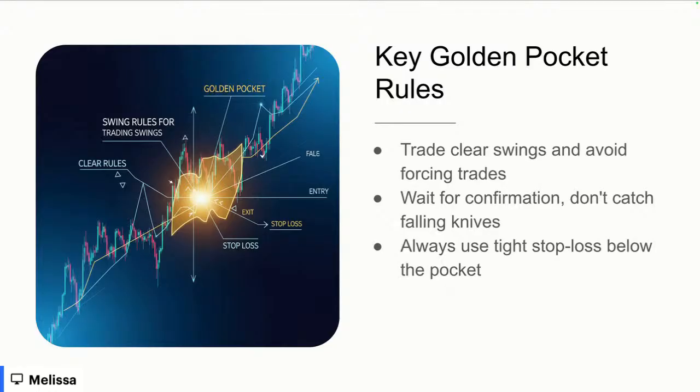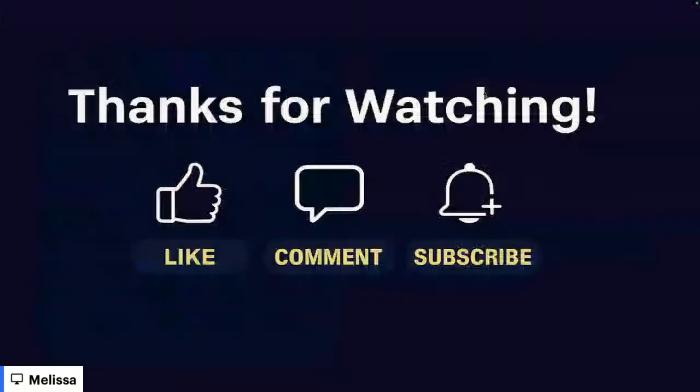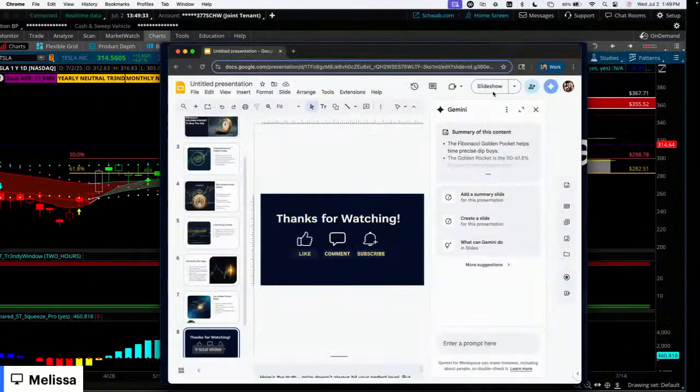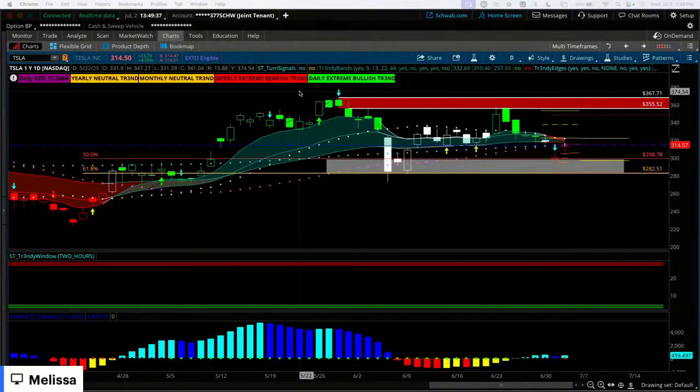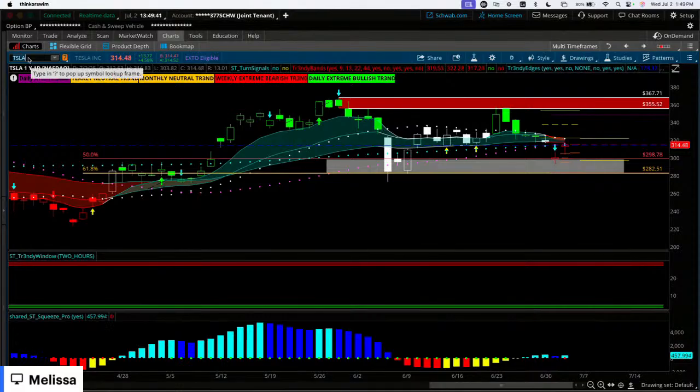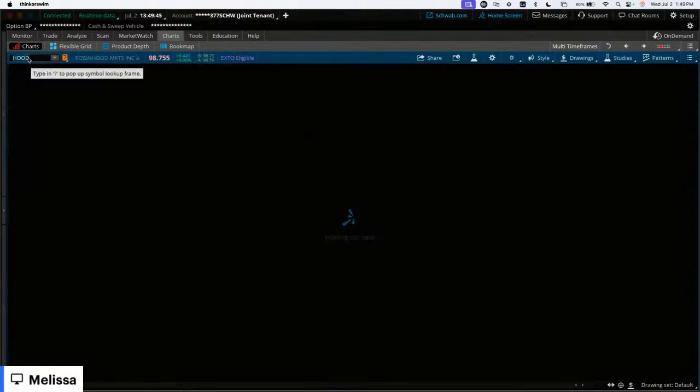And what I found was that many times, like in the example of, uh, which one was it? Hood, I believe. It only retraced to the 50, and then we had that big, huge bounce. I'll show you again. So I've studied this a couple of different ways, right?